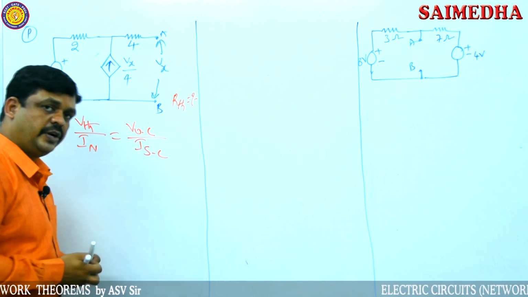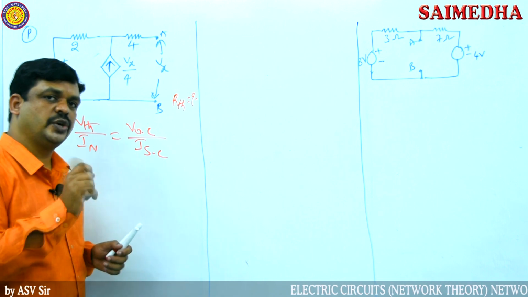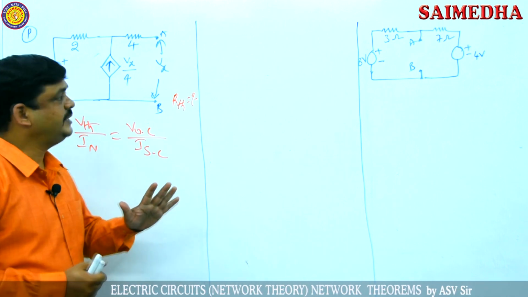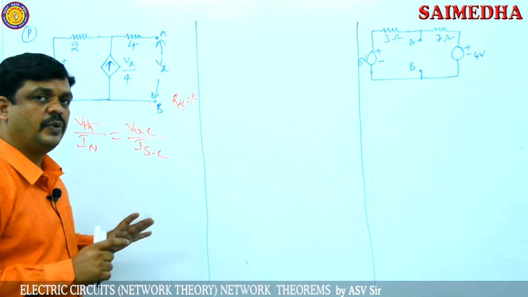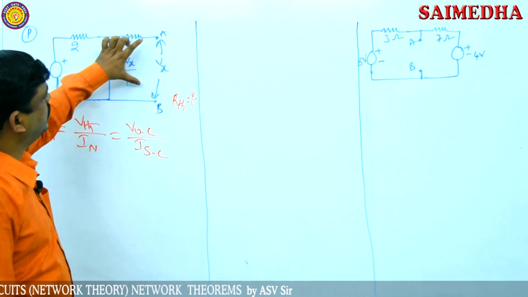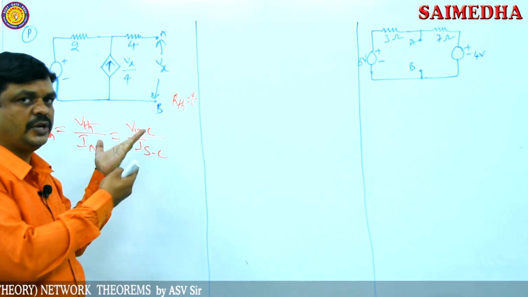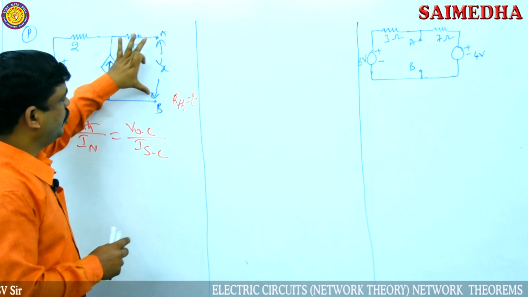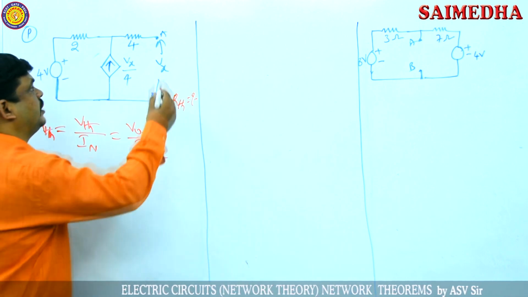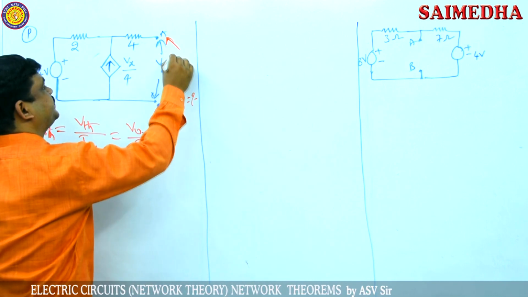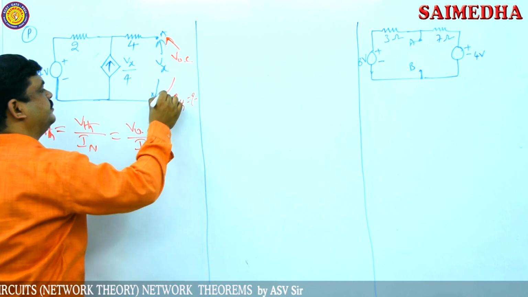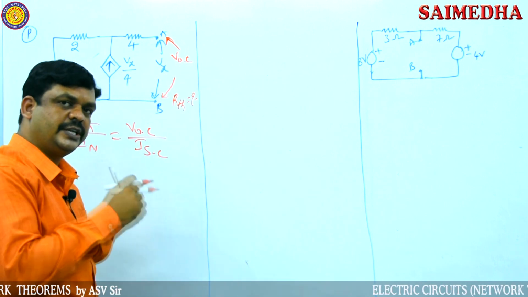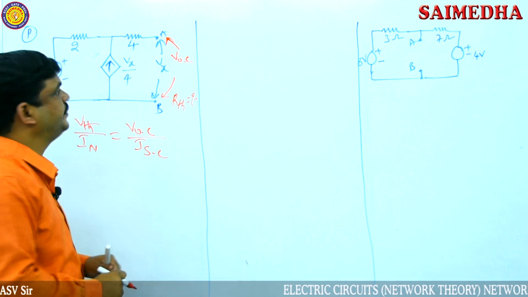So now we have to find the open circuit voltage and short circuit current from the given network. For that, first we require open circuit load terminals, and the given network already has open circuit load terminals. So directly we have to find the open circuit voltage across the load terminals, VOC, which is also called Thevenin's voltage.